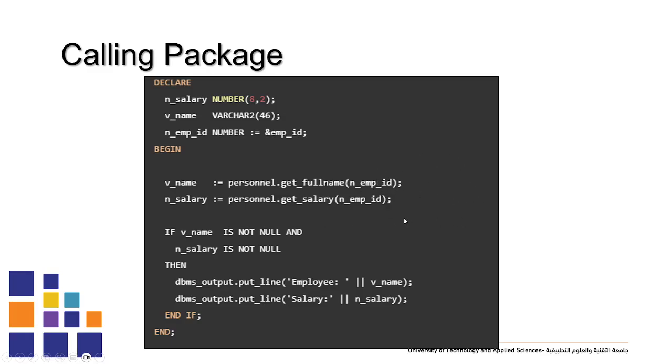Suppose we execute this within our package; of course, there is some exception handling there. Once again, if the name is there and the salary is not null, then we have this DBMS_OUTPUT which is displayed along with the string 'Employee' concatenated with the value returned in our v_name. Similarly, a second line is displayed with the string 'Salary' concatenated with the return value, so the salary will also be displayed.